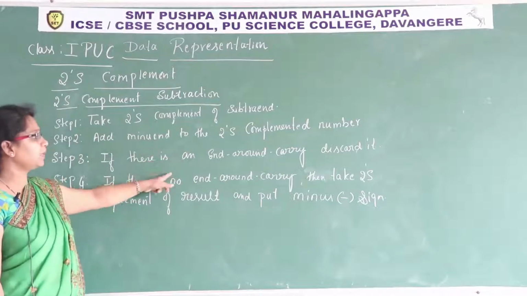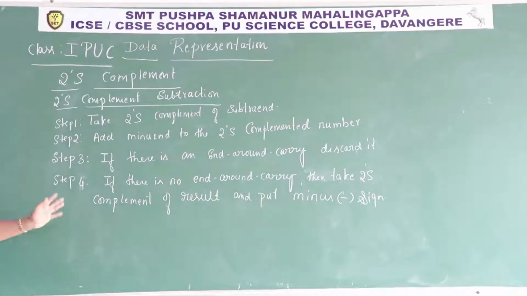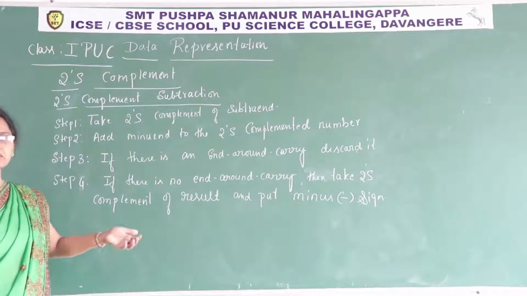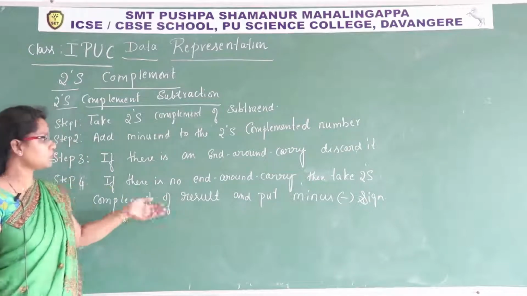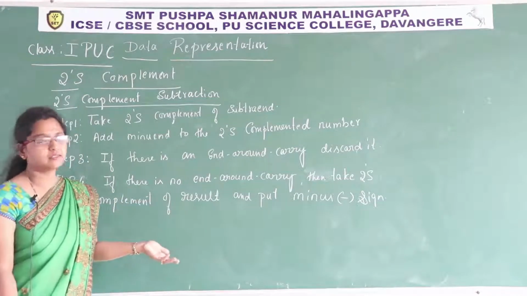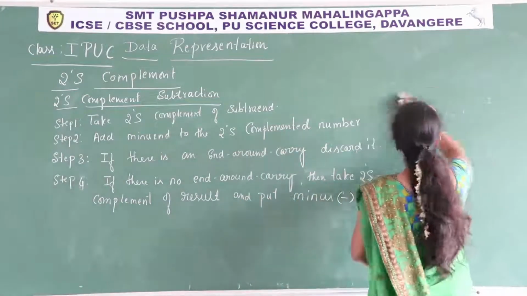But in 2's complement, you have to discard it. If there is no end around carry in both methods, we have to take the respective complement. If it is 1's complement, take 1's complement of the result. If it is 2's complement, take 2's complement of the result and put minus sign. That gives the final result. Let us see the examples on this.